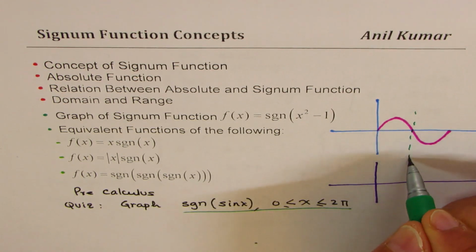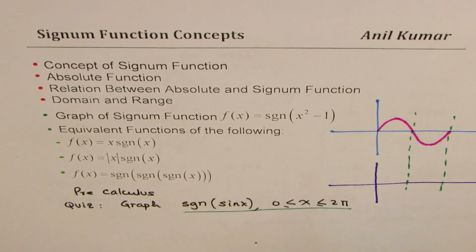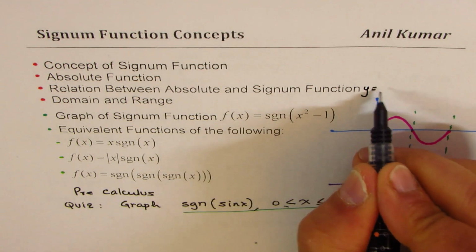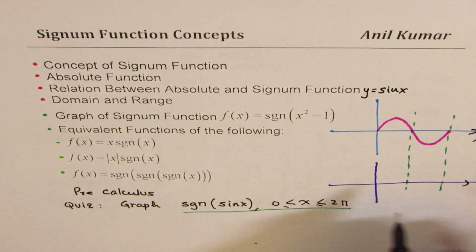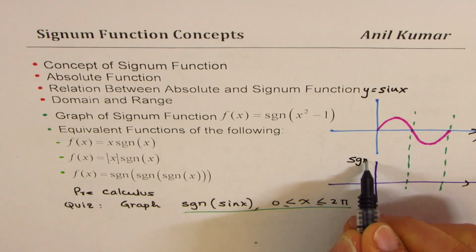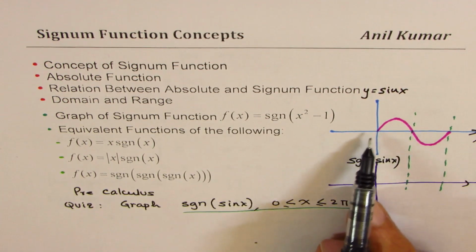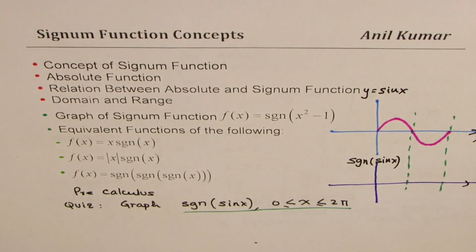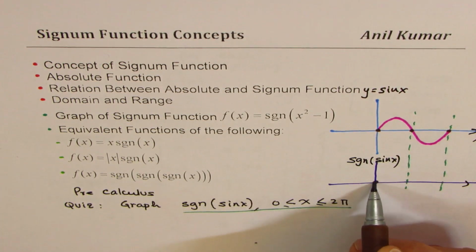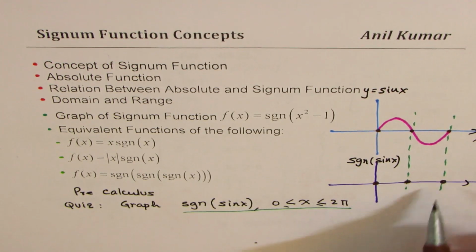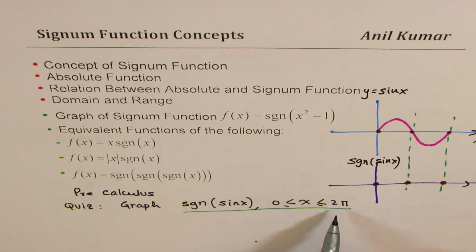So let me show these important lines. So what we have here is y equals sine x. Okay. And we'll have signum sine x here. As you can see here, these points are zeros, correct? So for zeros, we'll get zeros. So those will be the result, perfect, of signum sine x within 0 to 2 pi.